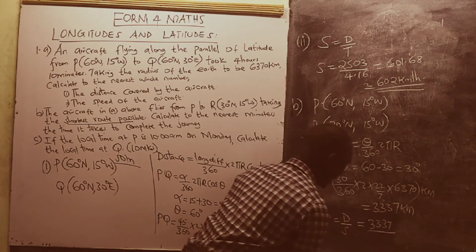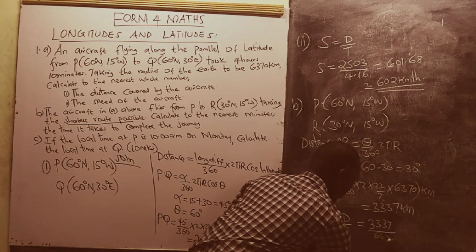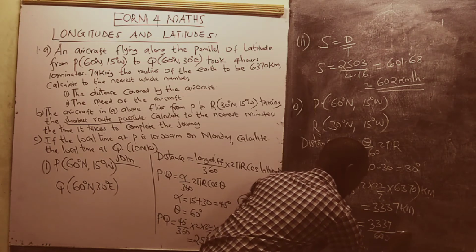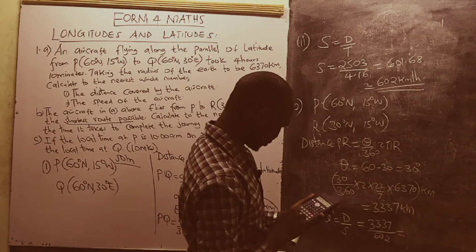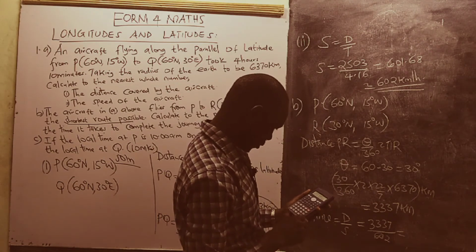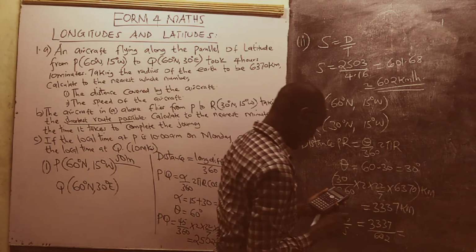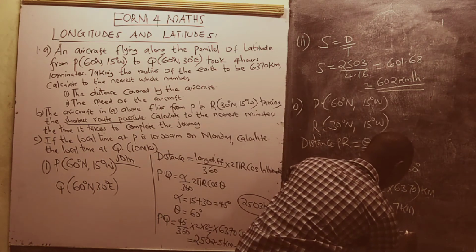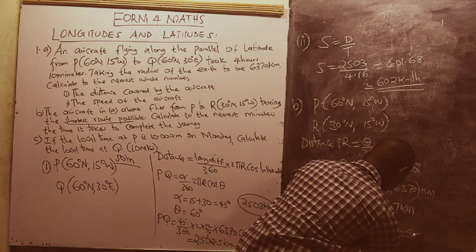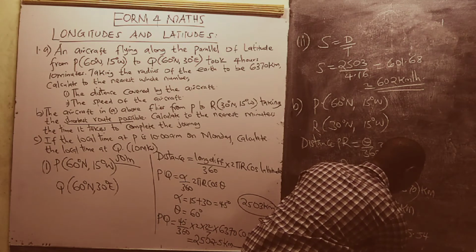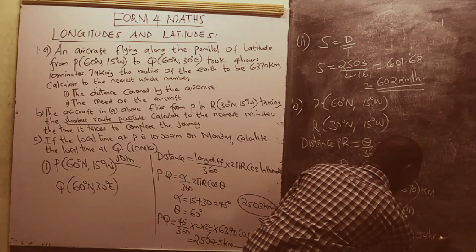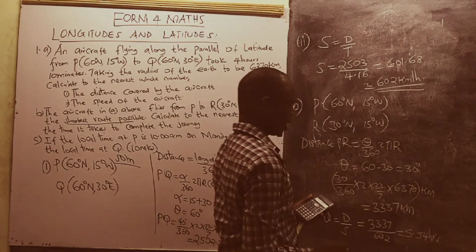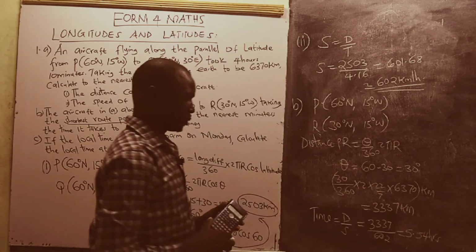You divide by 602, and this one here is going to be equal to 5.543, and in this case these are hours, but we are supposed to give our answer to the nearest minutes.